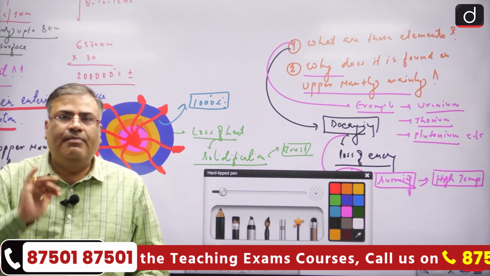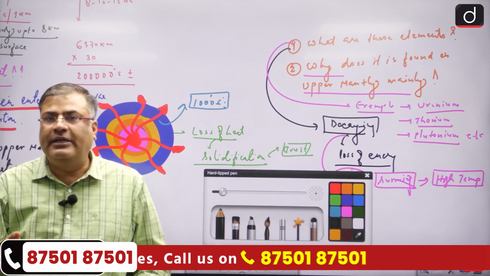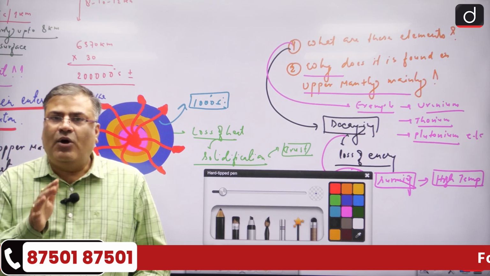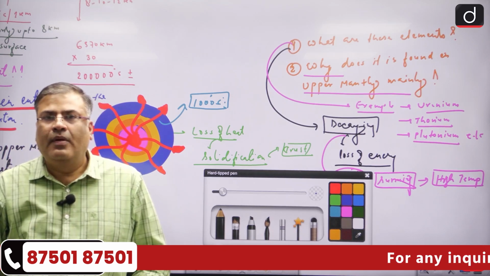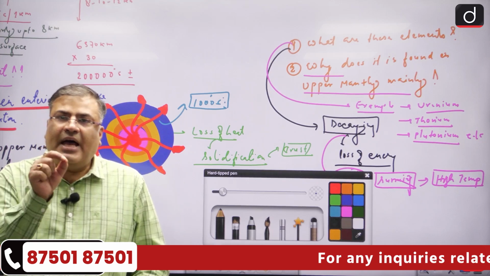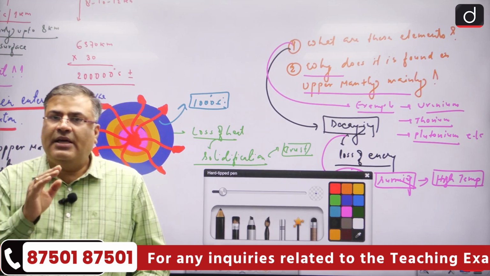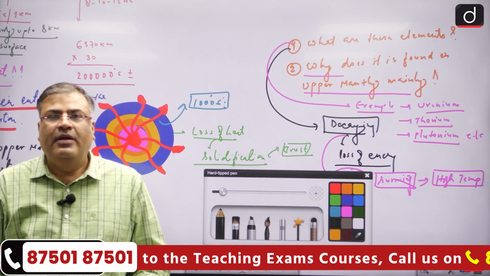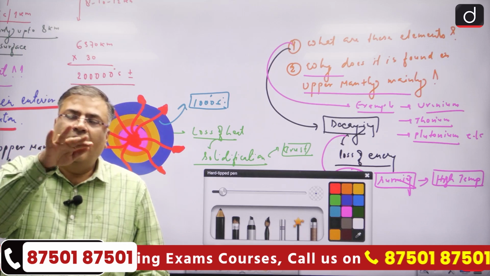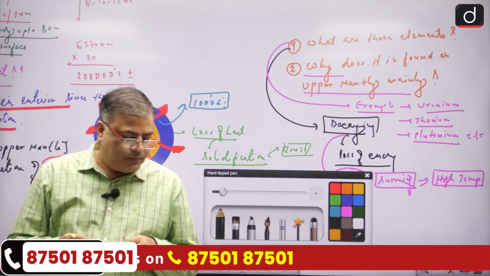Below that upper part of the mantle, in the lower mantle, the outer core or the inner core, the density of the material is higher than their density. And since these are heavier than silica, aluminium and magnesium, this is why these are found in the upper part of the mantle. I hope it is clear.